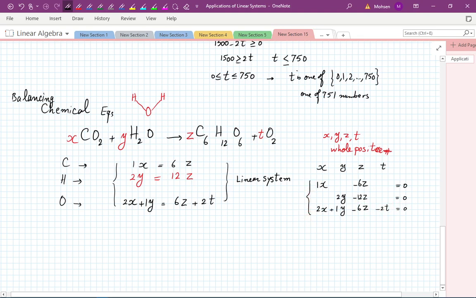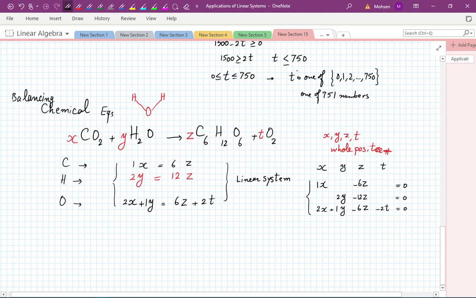Okay, so it's a linear system, and then you go ahead and solve it like any other linear system you have. For sure you are going to have one parameter, because whatever number you find here, you can double it, it's still correct, you can triple it, it's still correct, and so on.